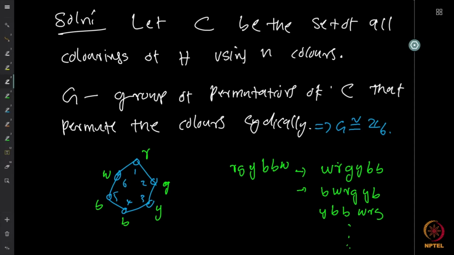So I will get W R G, Y B B. Similarly, I get B W R, G Y B, etc., by rotations. So I can rotate and get this kind of colorings, where I assume that 1 is now given the color W. After this one rotation, 1 will be given the color W. So W goes here, and similarly red goes to 2, etc.